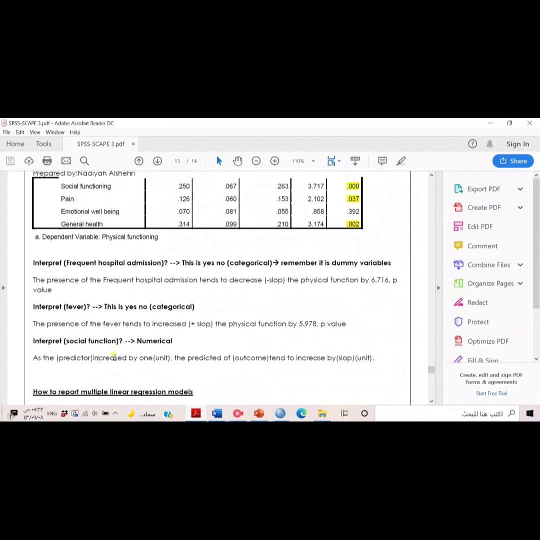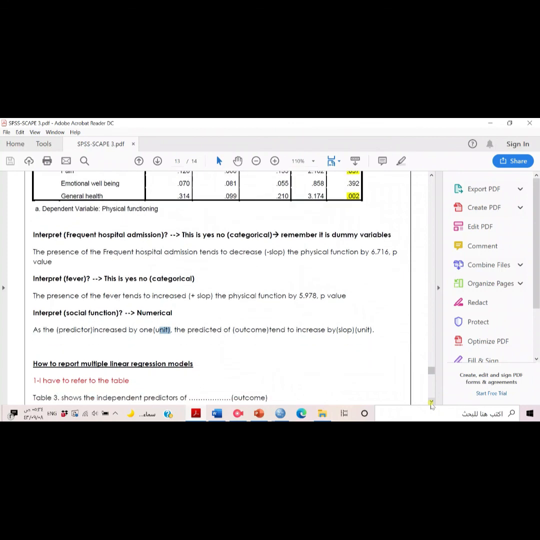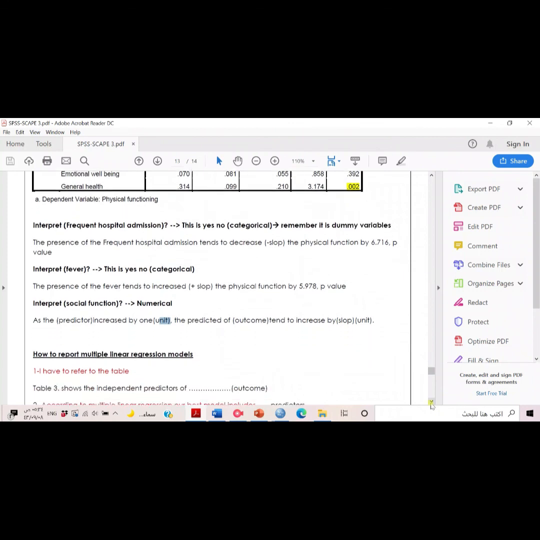I will say as the age increases by 1, the unit here will be year. As the age increases by 1 year, the predicted physical function tends to increase by the value of the slope, and the unit of the physical function will be score. Okay, so this is how we can make the interpretation.